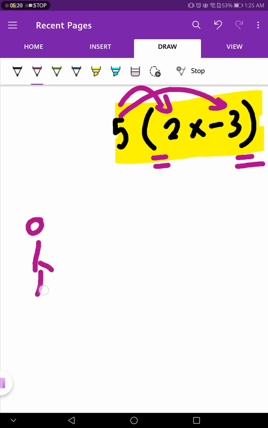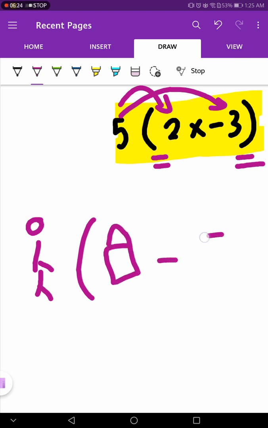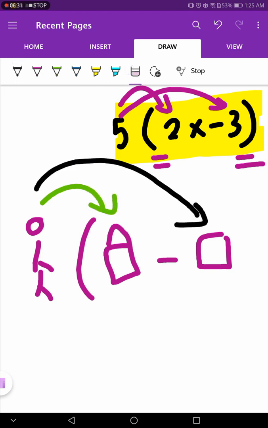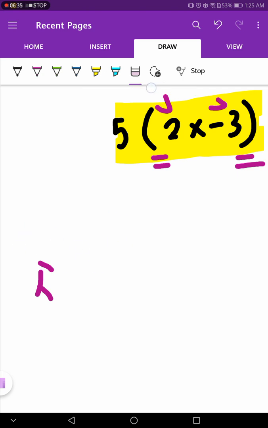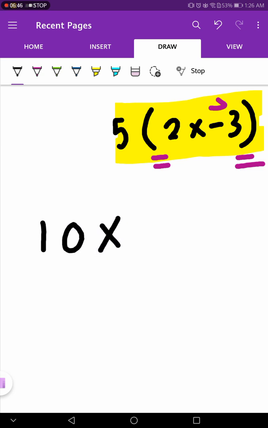Ali has a home and has a farm. He must visit home and visit the farm, and I mean by visit, multiply. So you have to multiply 5 by 2x, which equals 10x. Great.